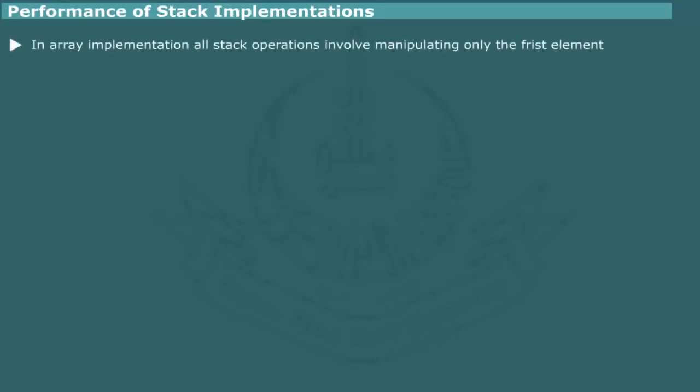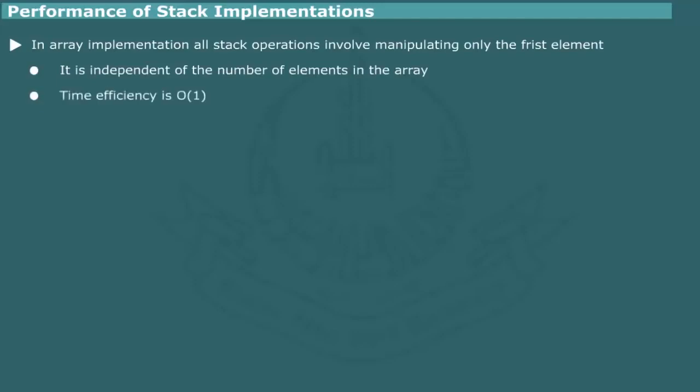In array implementation, all stack operations involved manipulation of only the topmost element in the array. Since accessing of the topmost element is independent of the number of elements in the array, the time efficiency of all stack operation is O of 1.